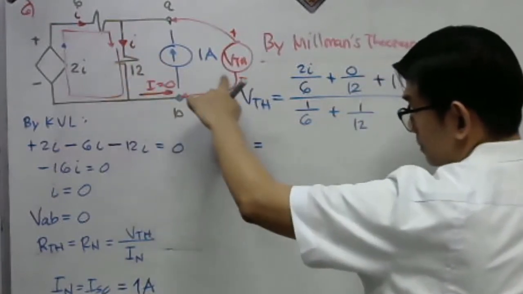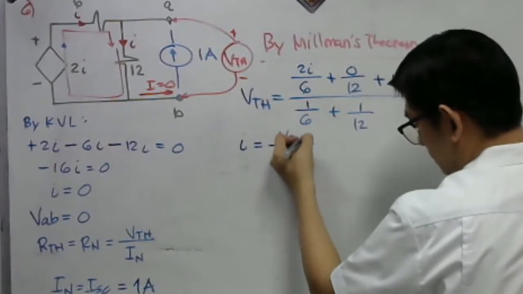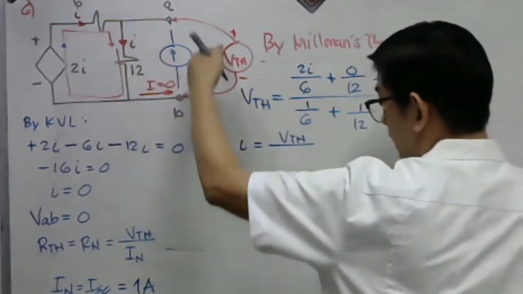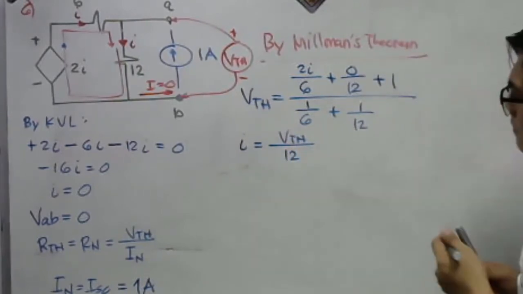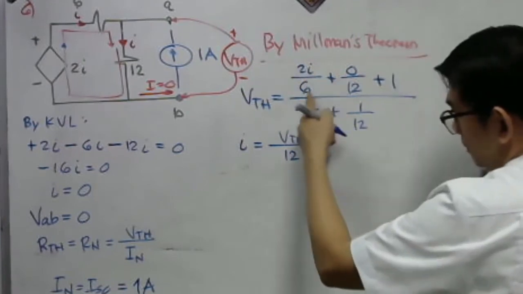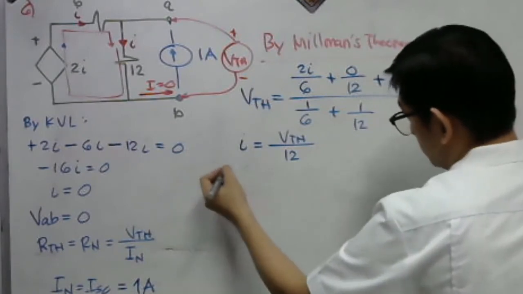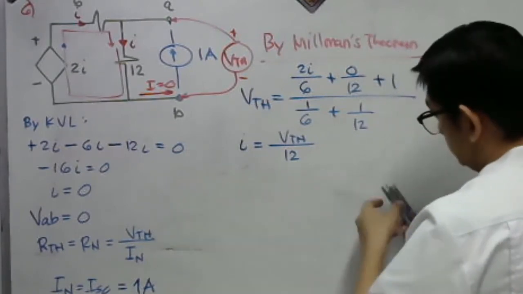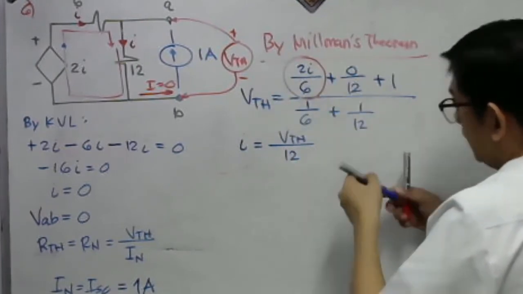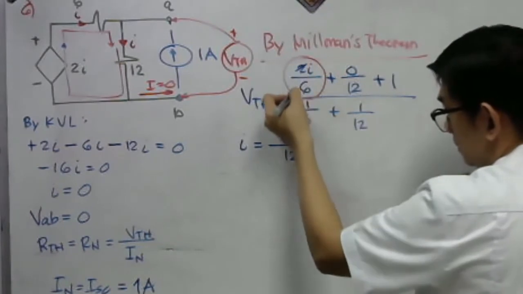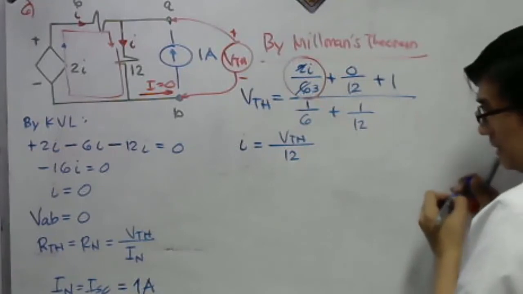Let it flow here. That should be positive VTH divided by 12. So let us simplify this portion. We have to cancel this one. This will just be 3, right? That will only be 3.